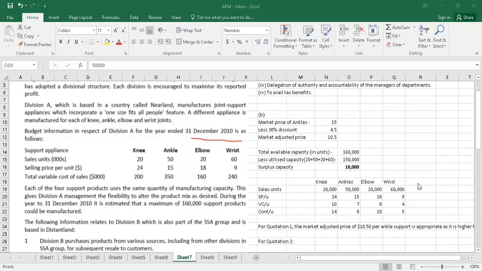Which of these products' production should be reduced? Ankles is ruled out. Now the decision is between knee, elbow or wrist, and why?